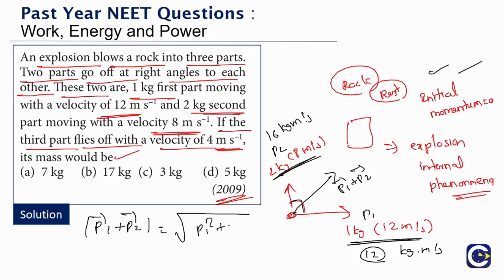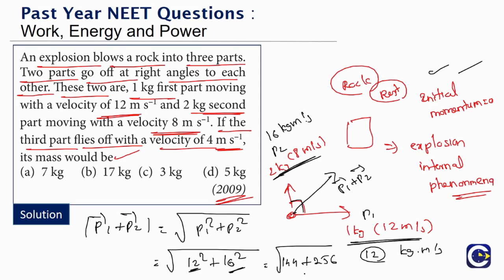So the resultant is root of P1 square plus P2 square, which is root of 12 square plus 16 square. 12 square means 144, and 16 square means 256. 144 plus 256 is 400. What is root 400? So the resultant momentum is 20 kg meter per second.